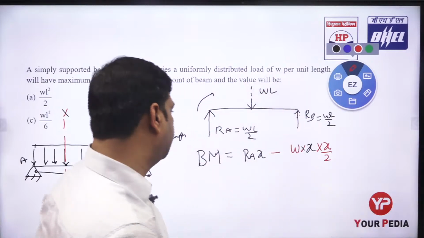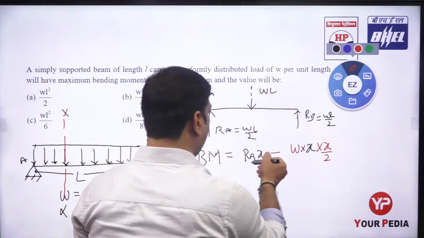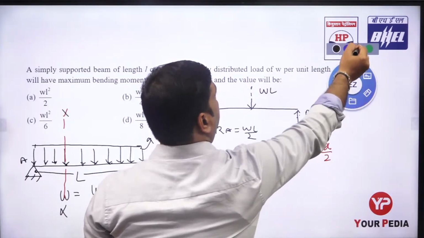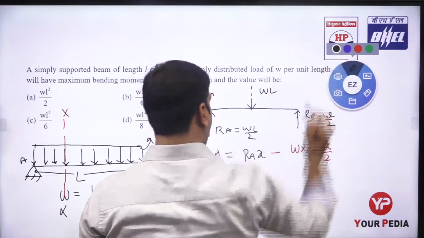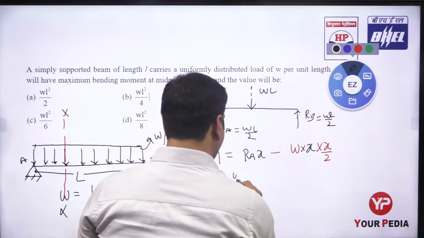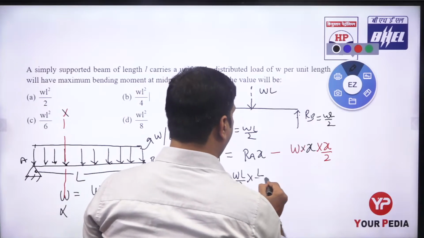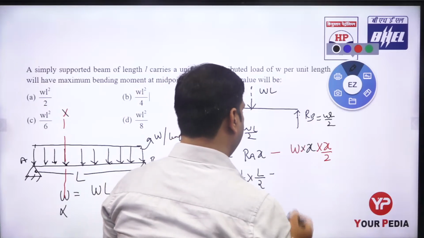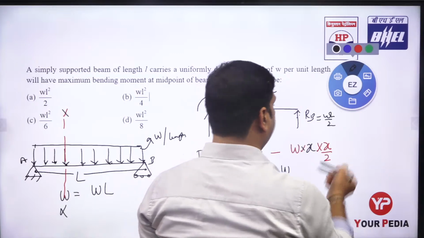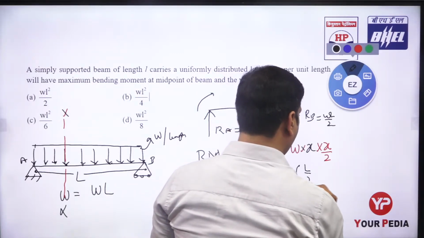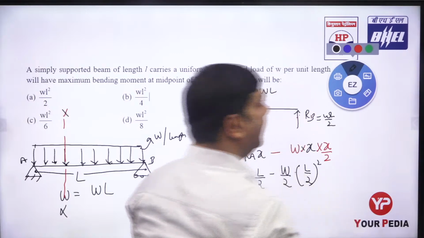Is this clear? So the value of R A is W L by 2 into X, where X equals L by 2, minus W by 2 into (L by 2) whole square, because we are asking at the center of this.